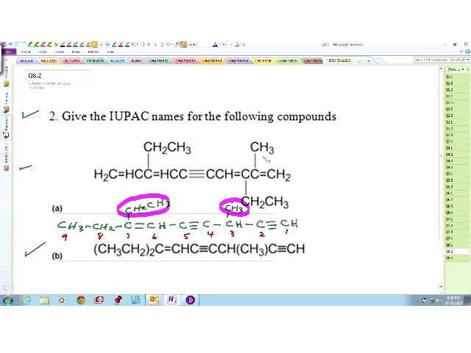Let's name the substituents first. We have 7-ethyl, is that right? Yes. Then 3-methyl. And now we begin to indicate the position of the multiple bonds.